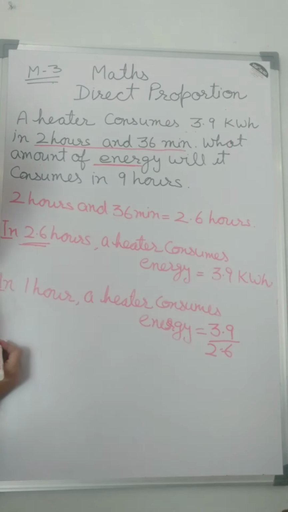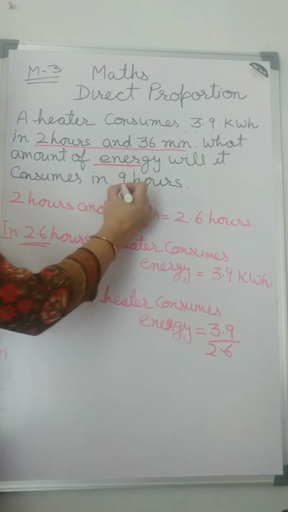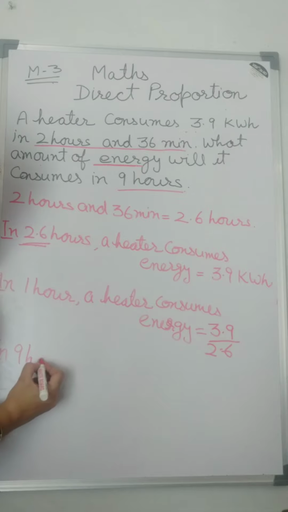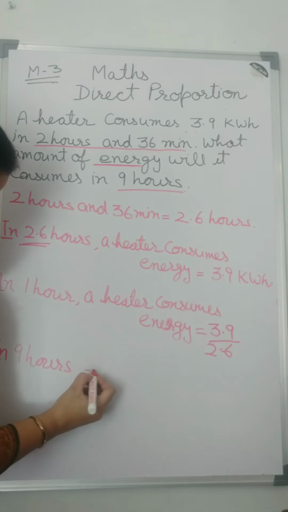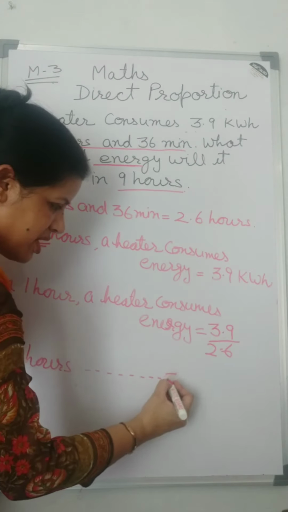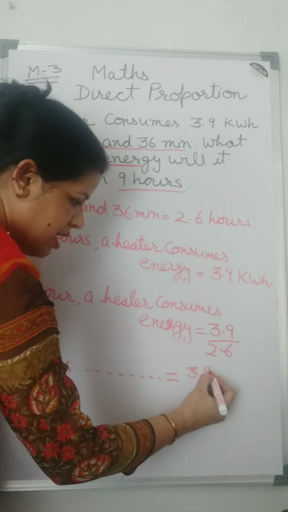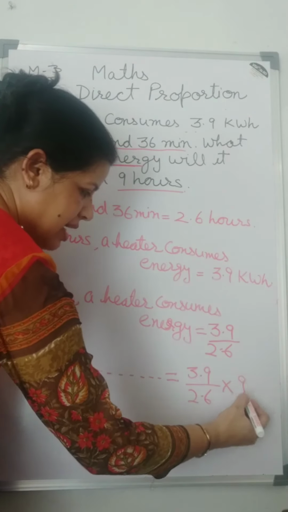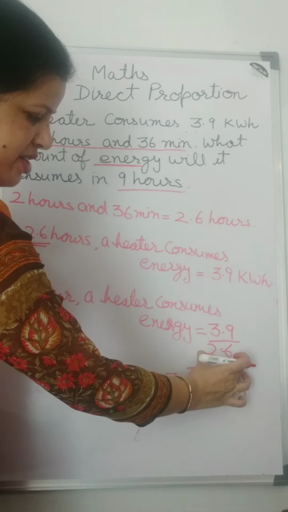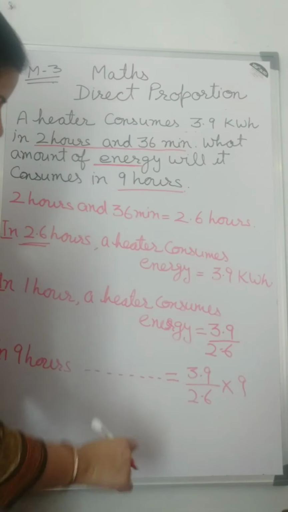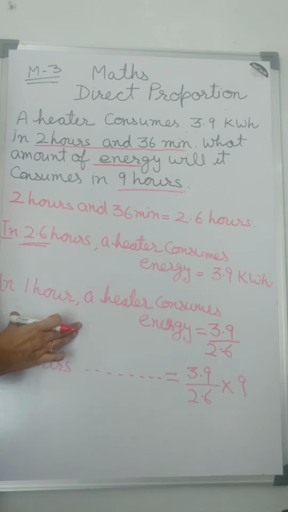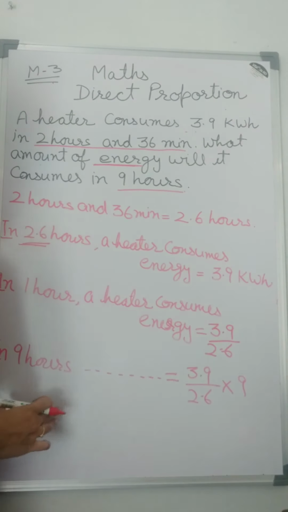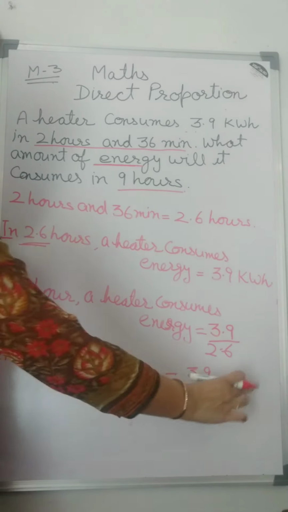Next, we have to find in 9 hours. So what do we do here? In 9 hours, a heater consumes energy equal to 3.9 upon 2.6 multiplied by 9. Here we divided, so next time we multiply. If in 1 hour it consumes 3.9 upon 2.6, then in 9 hours the value will be more, so we multiply.